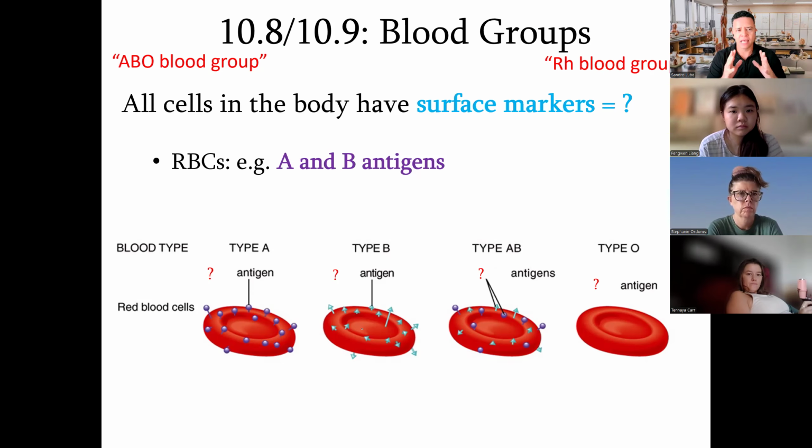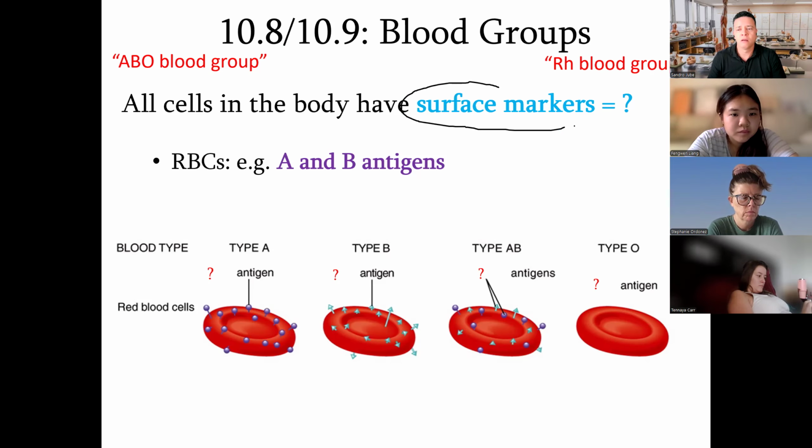Now, what makes a blood group type? What makes a blood group type is the presence or absence of a surface marker, also called an antigen. So if you call it an antigen, or if you call it a surface marker, it means the same thing. Let me give you an example. For the ABO blood group type, okay?